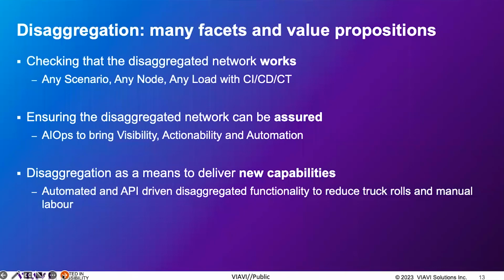And these are often automated, often API driven, and we will look at a couple of different examples of how we can reduce some truck rolls and some manual labor in that, and we'll look at that as an example of something delivered. But let's go and see if we can make this work first, and let's go to the next slide, Kelly, please.